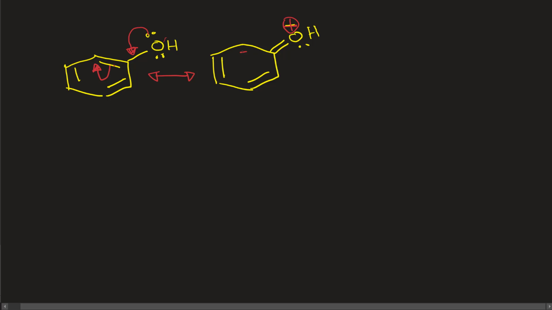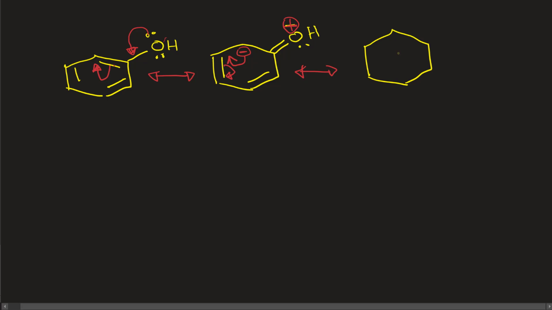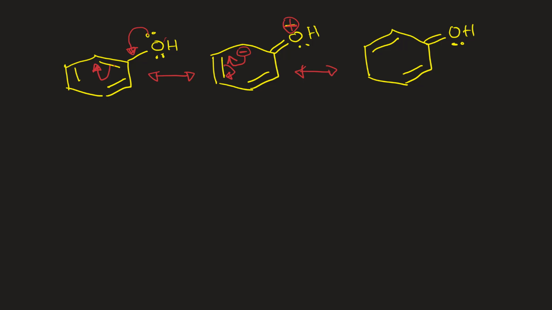Now that negative moves into the neighboring pi bond, and the next resonance structure with the double-headed arrow has a new pi bond, the old pi bond, the double bond to O and the positive on the oxygen, right? So now we have a negative in the para position.